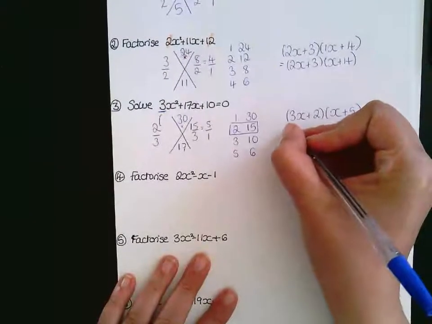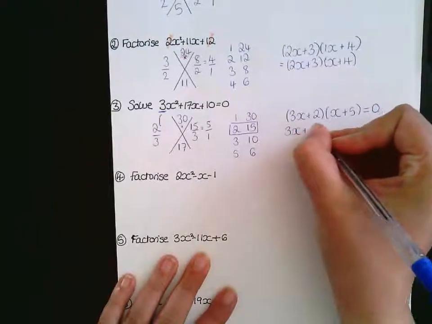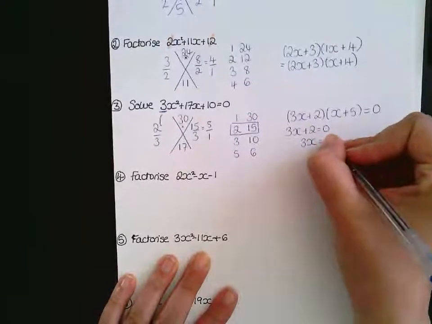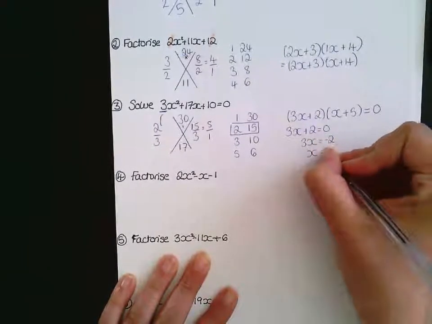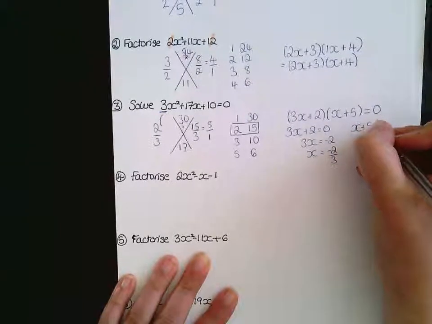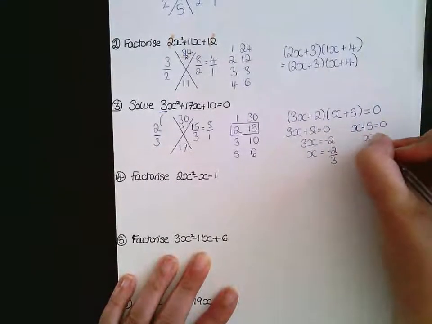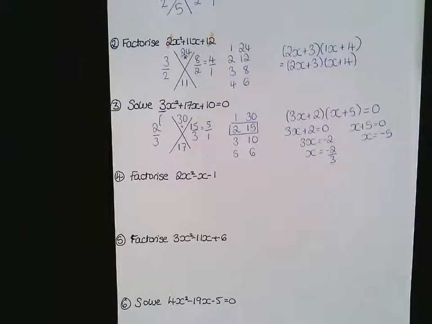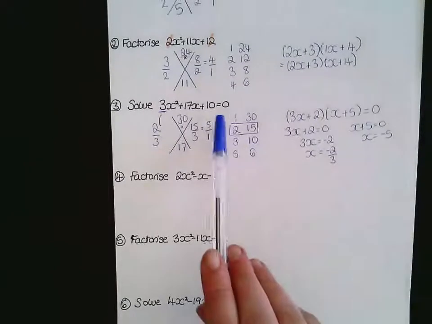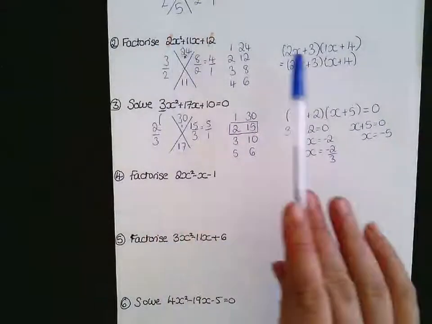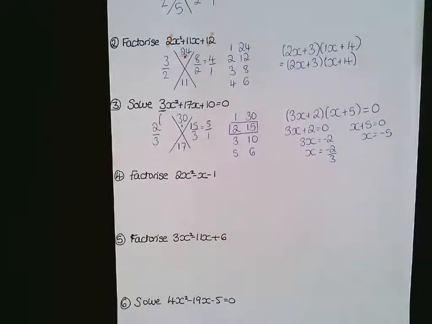So each bracket gets put equal to 0 and we find out what x is. And there we go, we have our two solutions. We do the extra bit because it's got equals 0 and it says solve. When it just says factorise, I just stop when it gets to the double brackets.